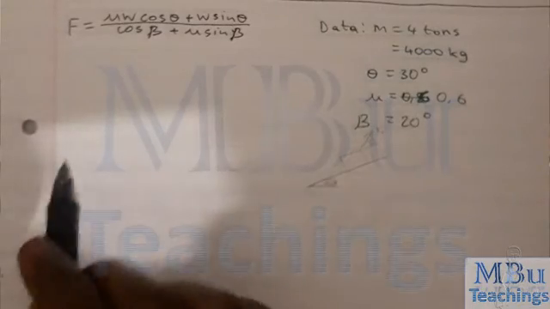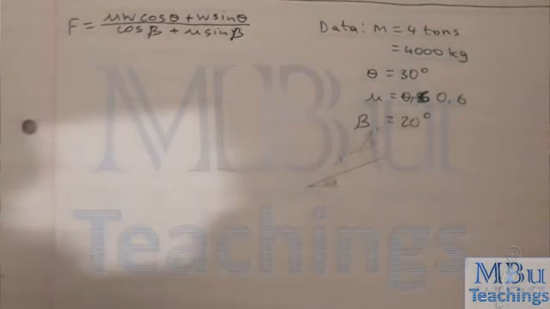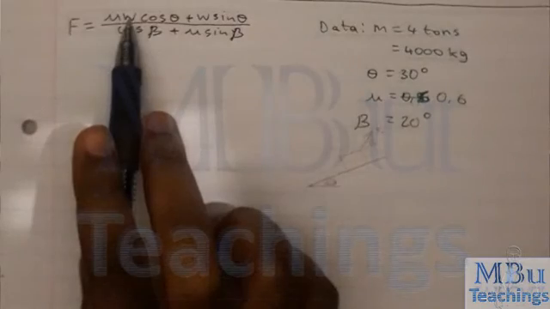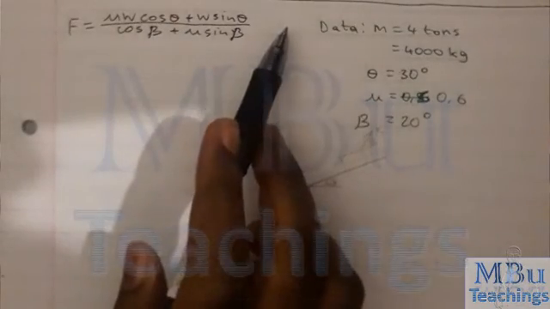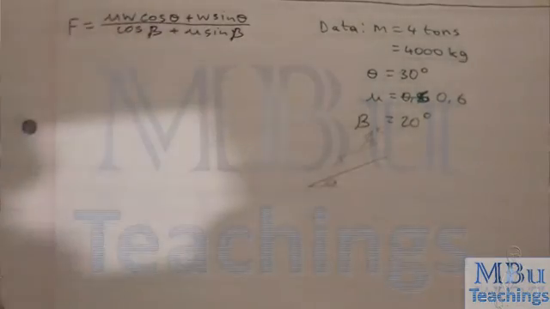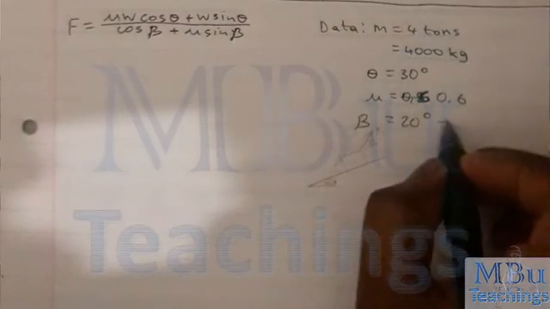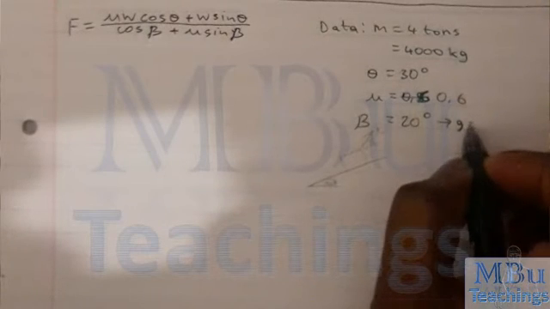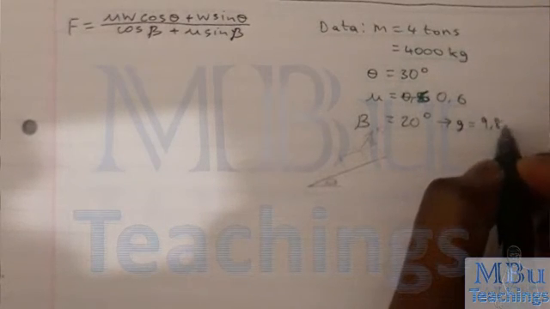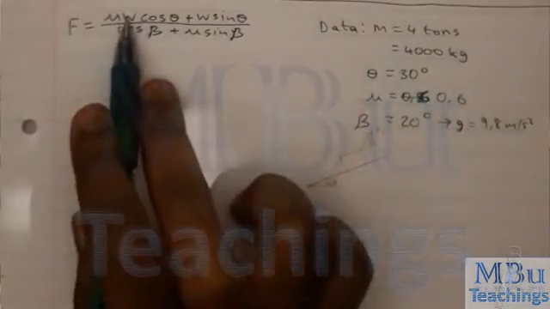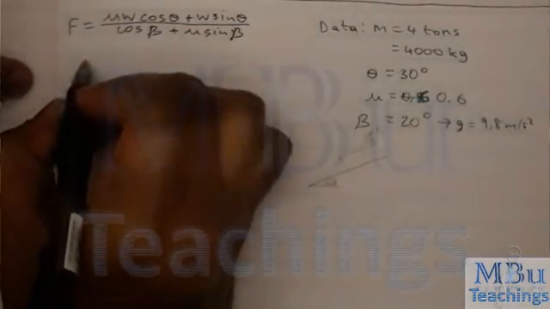So I just copied this formula. Now I will do the substitution for it. Remember the weight is the same as mg, so you can just write down your g. Remember, g is equal to 9.8 meters per second squared. So here we'll have mg, here we'll have mg.